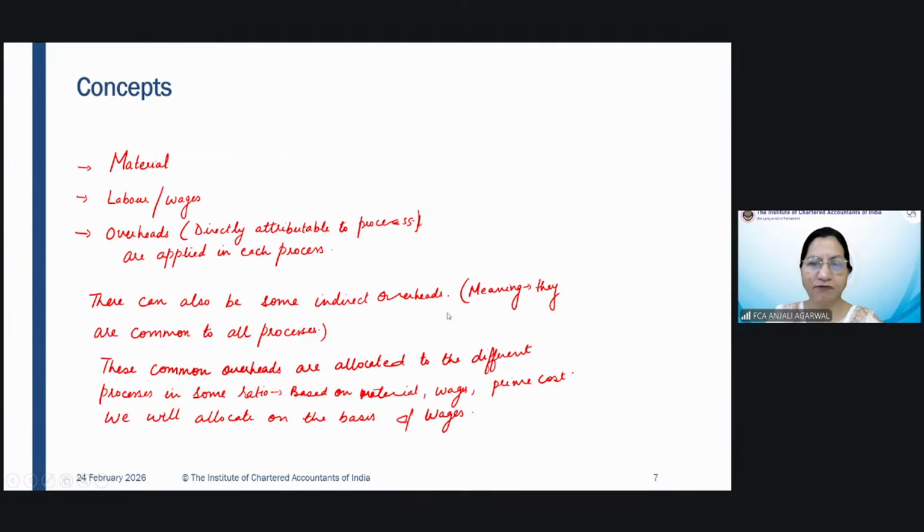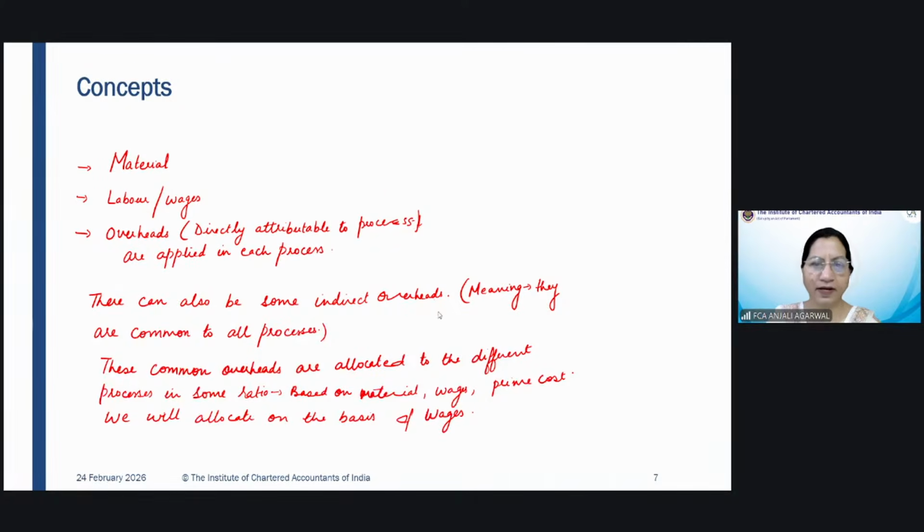The elements of cost used in any process account, like process 1 or 2, are material, labor, and direct expenses as well as overheads. Overheads can again be direct, which is attributable to a particular process, or they can be indirect.